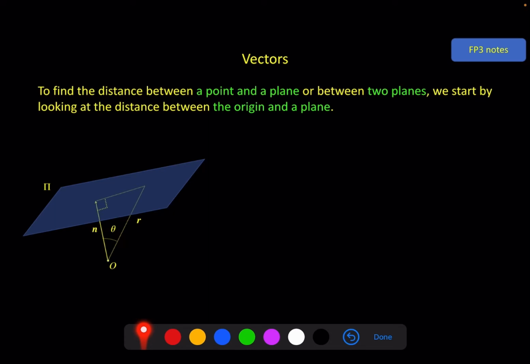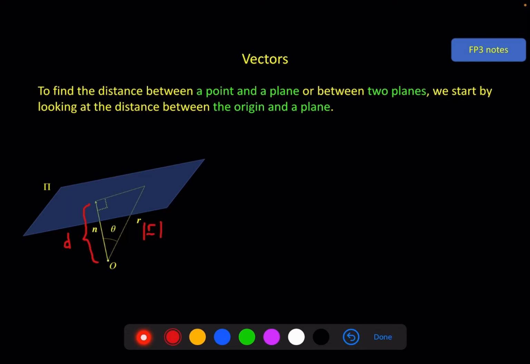Now the idea here is that if you take r, then we can find the magnitude of that in theory. And if we know theta, then the distance here, remember the normal is not usually anything to do with distance because it's just about the direction. It doesn't matter how big that arrow is. So let me call that d for a second.